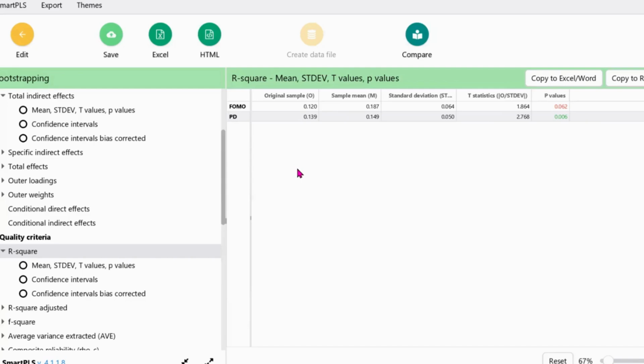Next, I examine the VIF values. All VIF values should be below 5. Digital marketing to FOMO recorded 1.112. FOMO to purchase decision recorded 1.000.